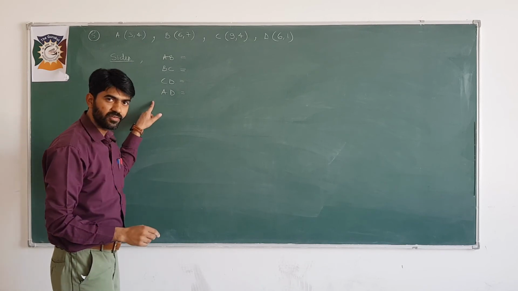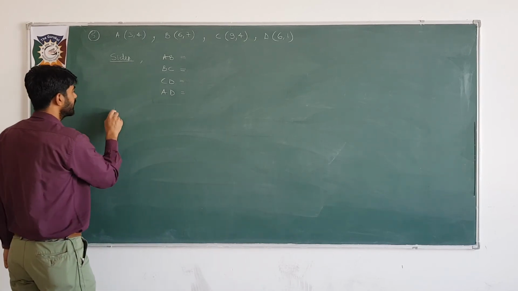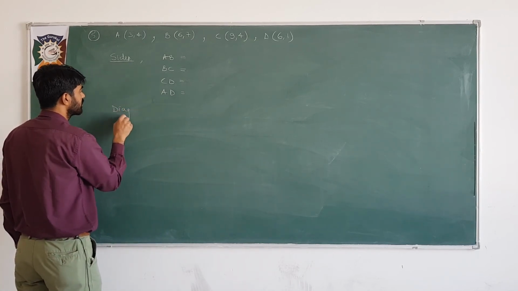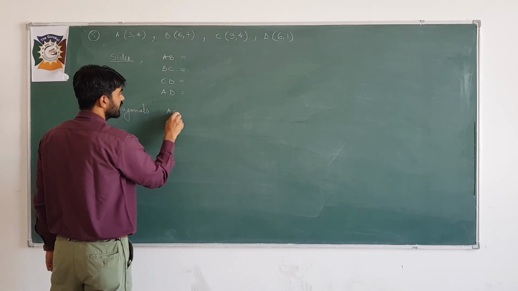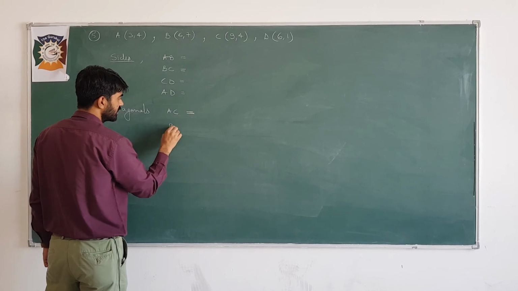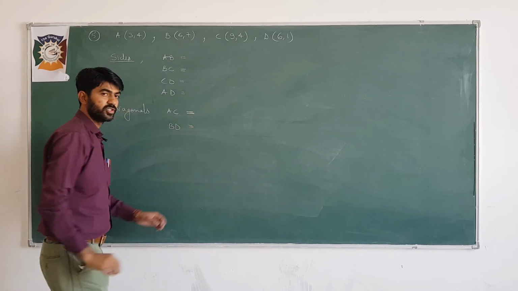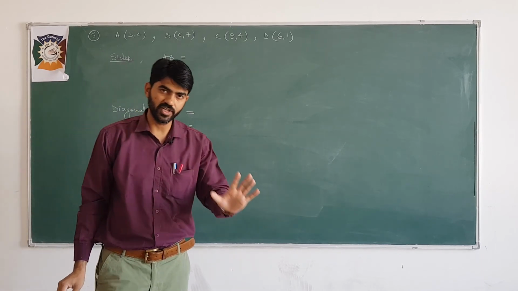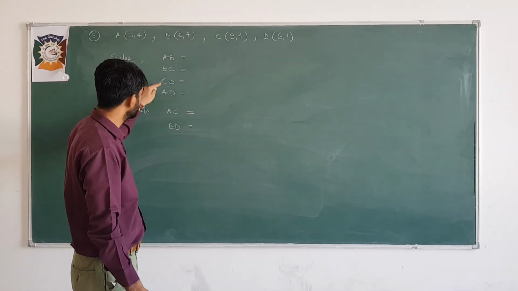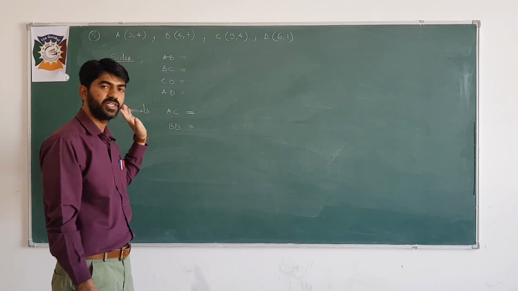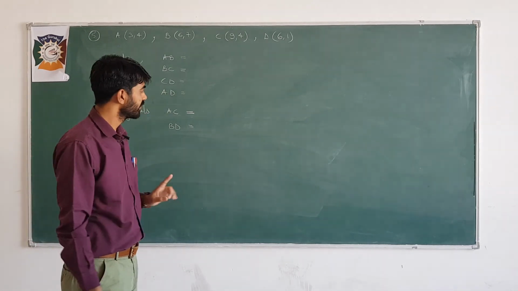All four sides we will find. Okay, and then we will find the diagonals, that is AC and BD. Using the distance formula which we have learned, you will find AB, BC, CD, AD, AC and BD, both diagonals.